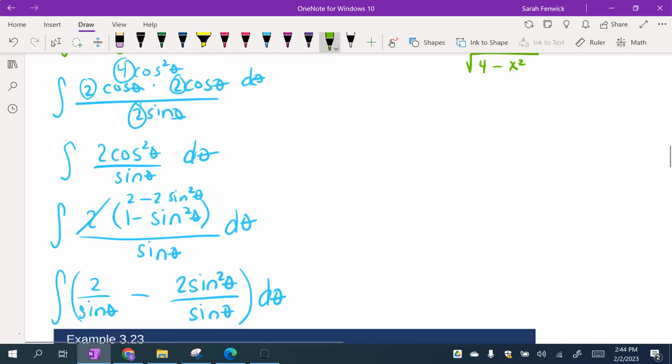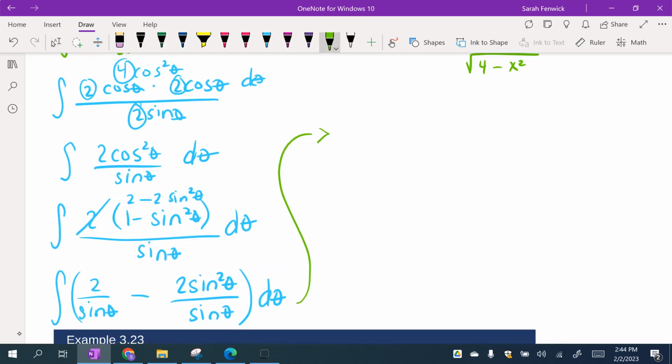We're going to need to come back up here for more room. That would be 2 cosecant theta using reciprocal identities, d theta, minus, here the sine and sine squared simplify, so we have 2 sine theta d theta.